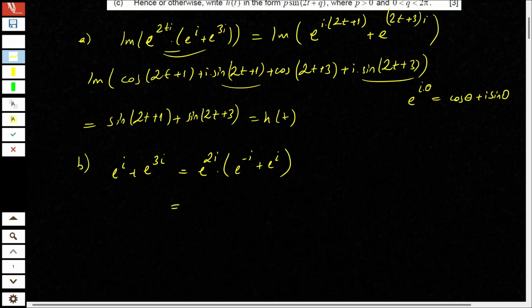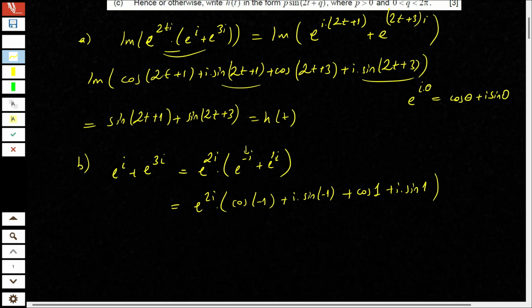Because in parentheses, I can write all of them in the polar form. It is e to the power of 2i times cosine of minus 1 plus i times sine of minus 1, plus cosine 1 plus i times sine 1, right?